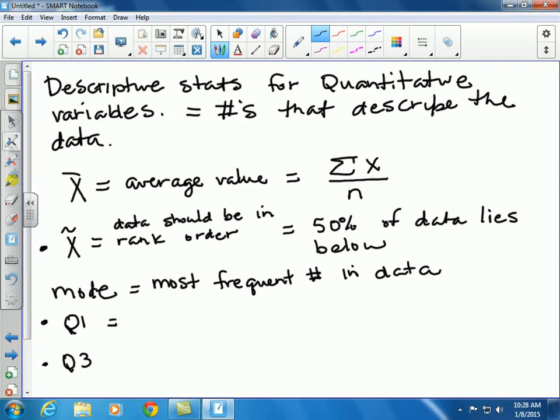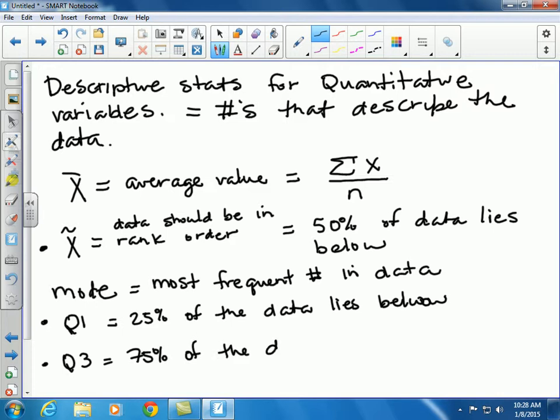Those 3 things are typically related to each other, because quartile 1 is where 25% of the data lies below, and quartile 3 is where 75% of the data lies below. In order to find these, it can be somewhat time consuming, but it's not typically difficult.